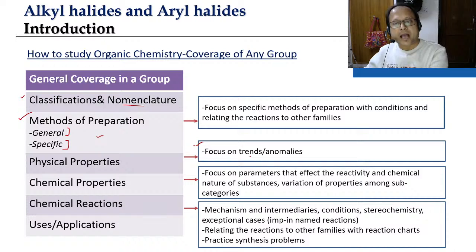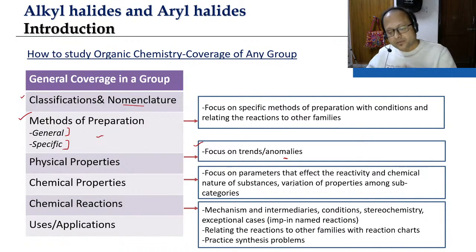So that is applicable here also. You need to understand the anomalies also. This is because this is where your JEE and NEET exams focus on the anomalies, which are not very straightforward, right?